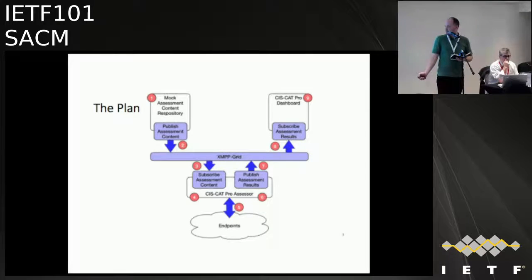Our assessment tool was subscribed to receive that new content and automatically perform that assessment against that content and generate the results and then publish them back to the XMPP server, a different topic on that server. And then have another results repository here subscribe to that results topic and import that into our reporting repository there.